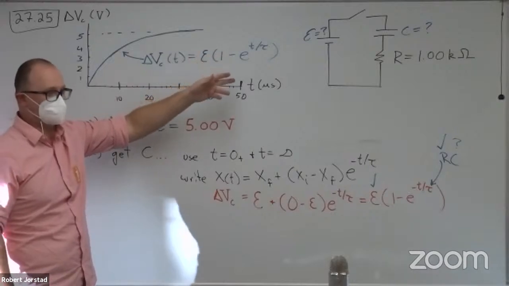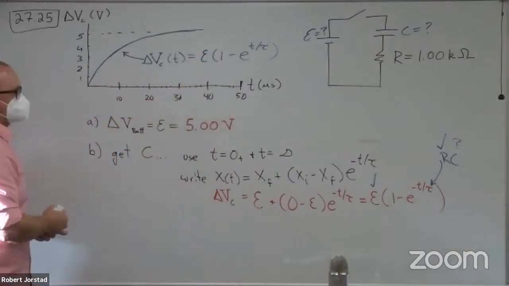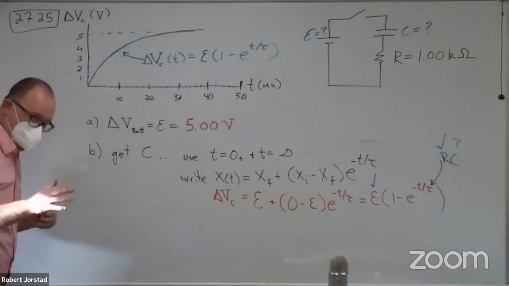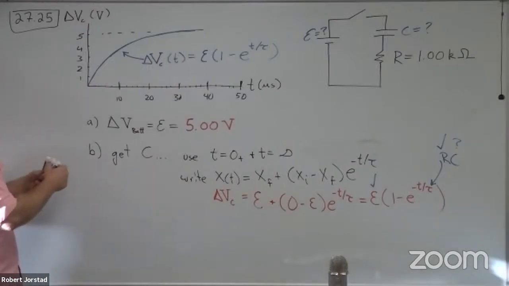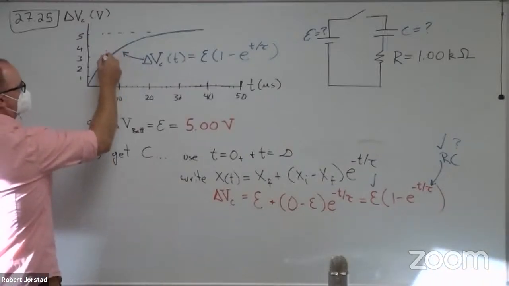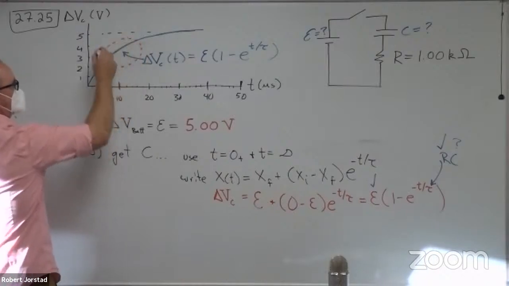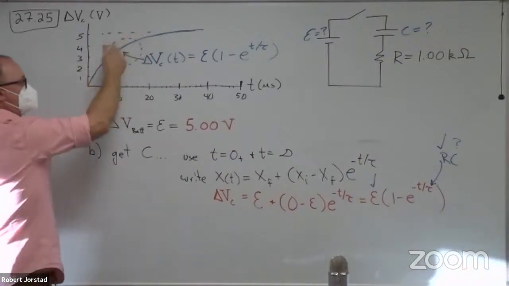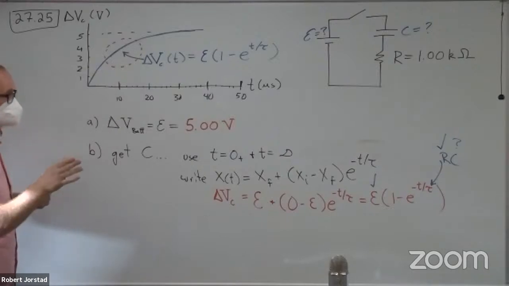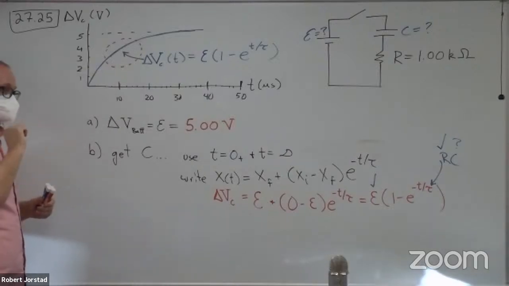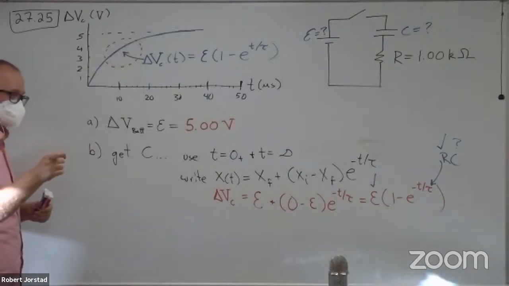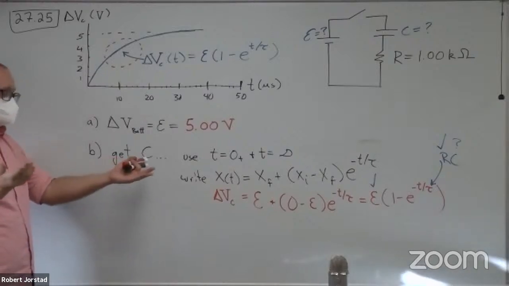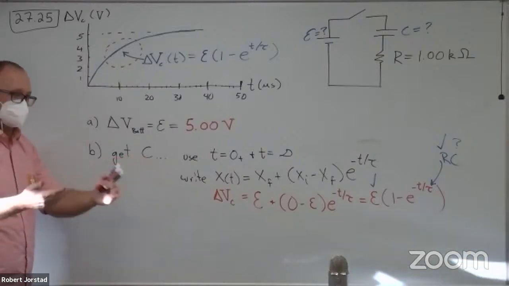You might be wrong. Here's what I have learned, and this is true in a circuits lab too. Generally speaking, you want to pick times in this sweet spot, where it's not all the way up and not all the way down. The reason is your answer had better be within 10% of my answer, or you don't get credit. Generally speaking, we want to get numbers right within 10%.